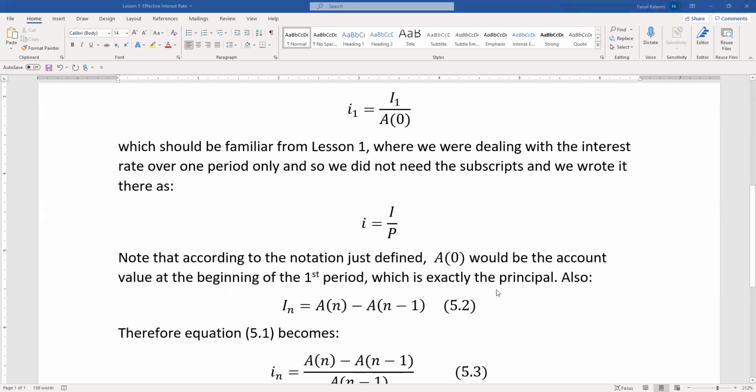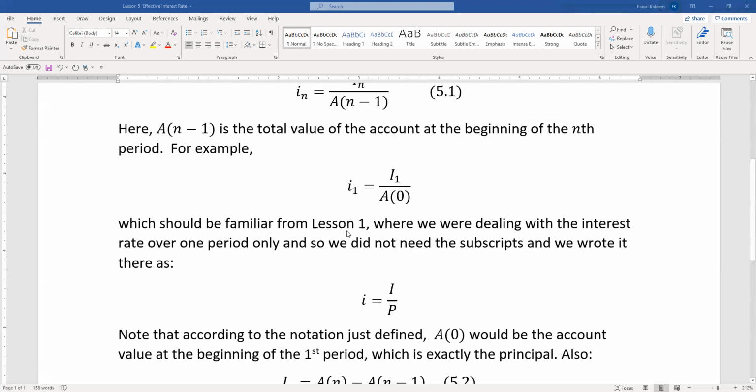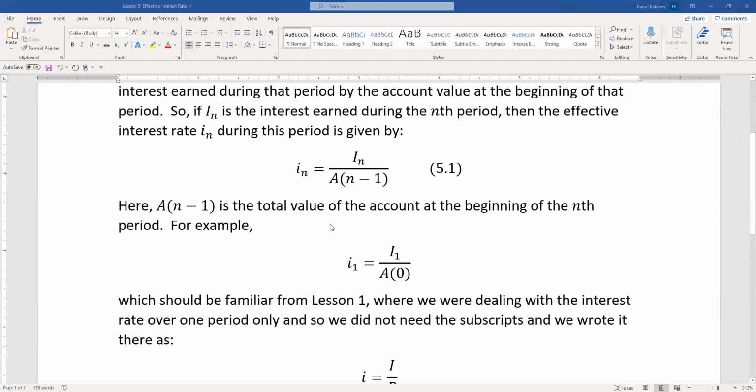Now, also note that I_n, which is the interest amount, not the interest rate, earned during the nth period, is the account value at the end of the nth period minus the account value at the end of the (n-1)th period. Right now, the way we have this notation, A(n-1) is the account value at the beginning of the nth period. So there's a difference: here we have n minus 1 and here we have n.